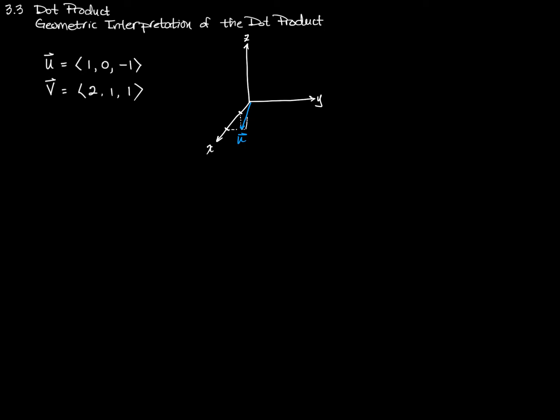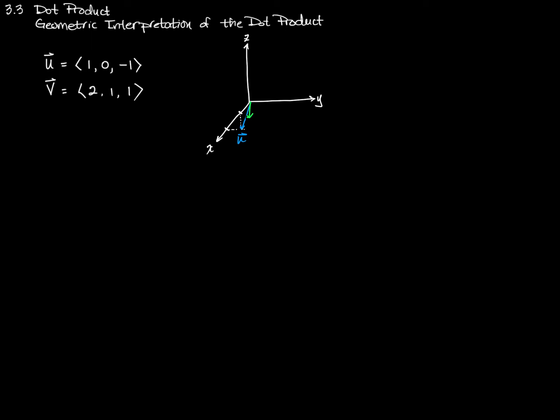Let's see if I can erase some of that because it's a little bit confusing. So vector v ends there. Those are probably not the best vectors that I could have chosen to work with. But that's vector u and vector v.